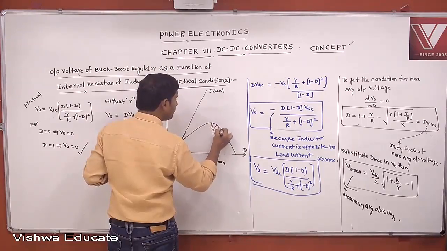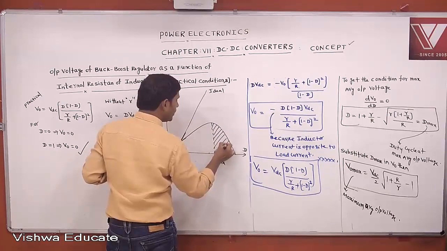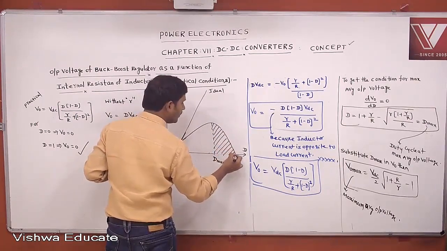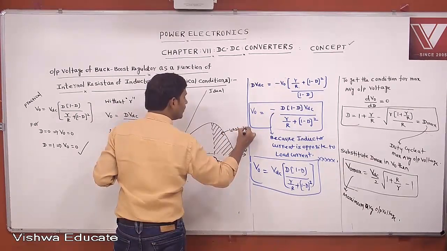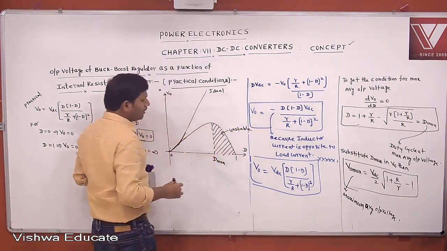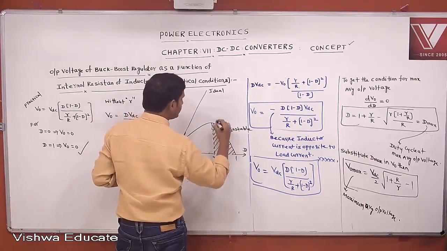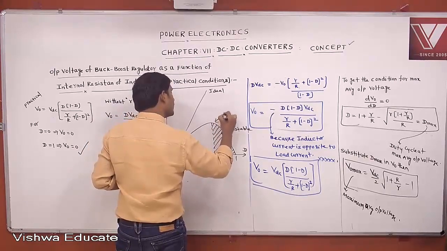And this is unstable operation. Practically this is unstable operation. We never operate for greater than D max. This is for the practical case.